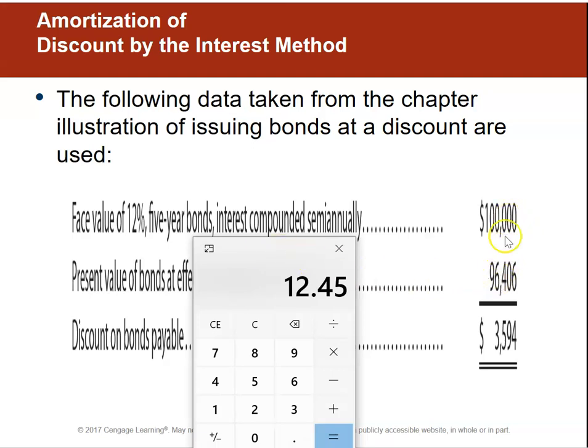We took whatever that is there, that's $3,594 less. Yeah, there it is right there. And effectively, when we make those semi-annual interest payments, we're paying at a rate of 12.45% rather than 12%.